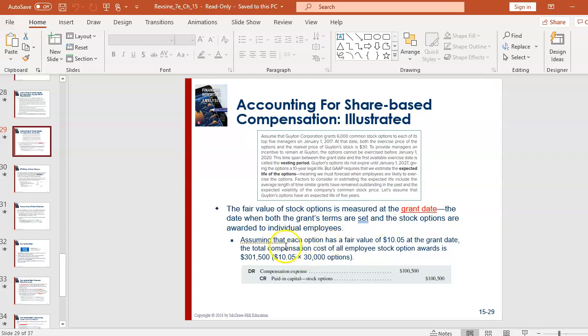So assuming that each option has a fair value of $10.05 at the grant date, the total compensation cost of all employee stock options is 30,000 options times $10.05, and you get the journal entry down here. So you debit compensation expense and you credit paid-in capital for stock options. Okay, so that's the entry to do that.